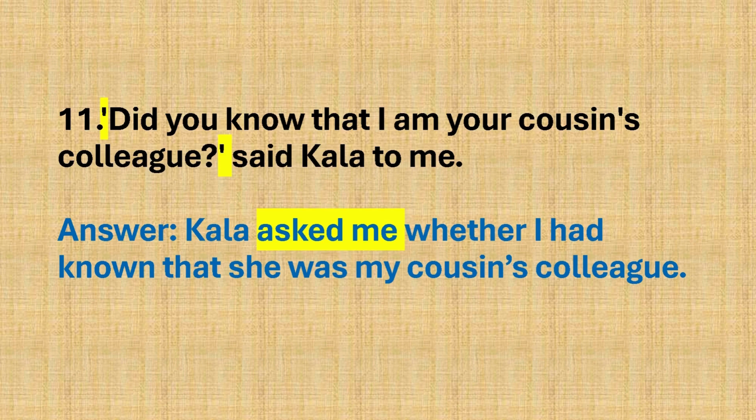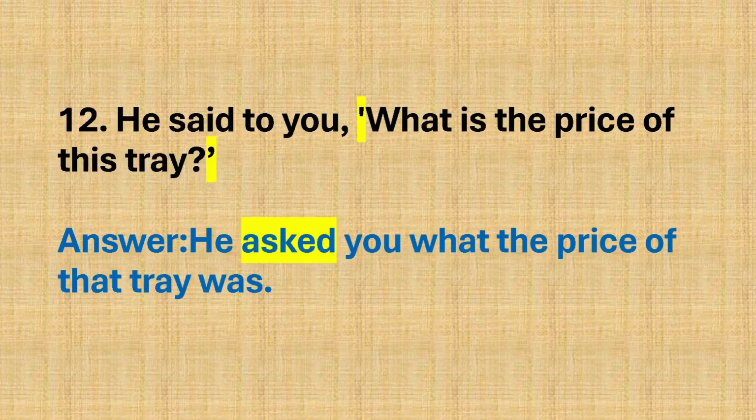And about the pronoun adjustment, I changes to she to refer to Kala. Your changes to my to match the listener's perspective. Changes in question structure: the yes-no question is transformed into an indirect question using whether or if. Removal of question marks: indirect questions do not retain the question mark.